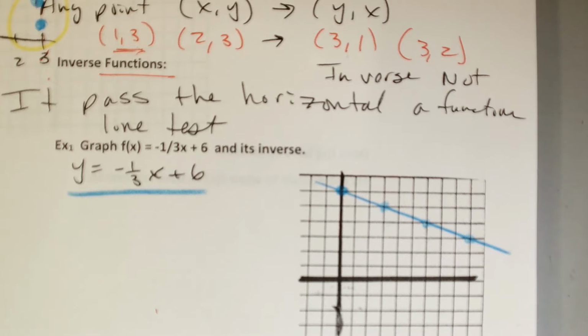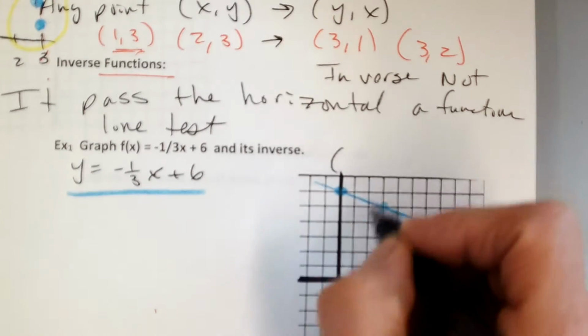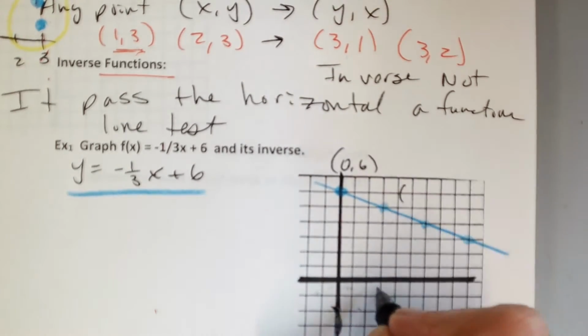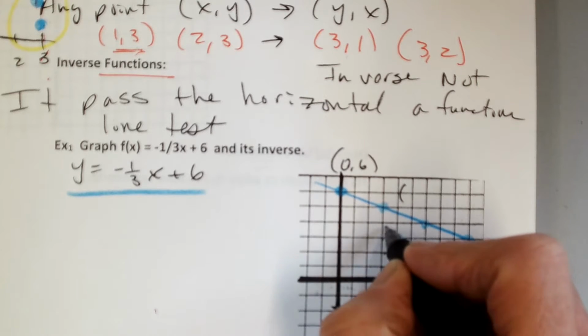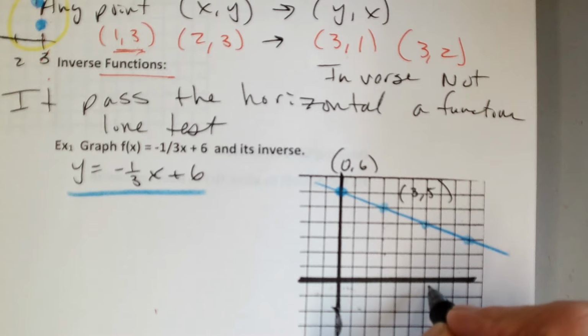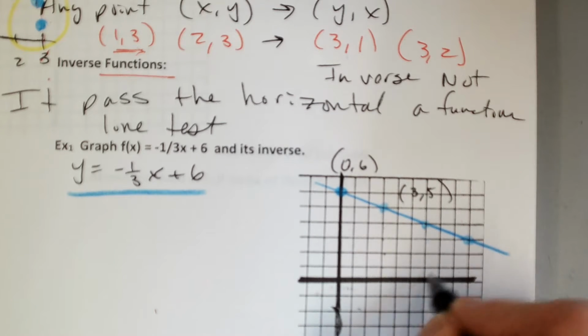That's f of x. Now if I want its inverse, what I'm going to do is take all of these points and switch. This is a point at 0, 6. This is a point at 3, 5. This is a point at 6, 4.